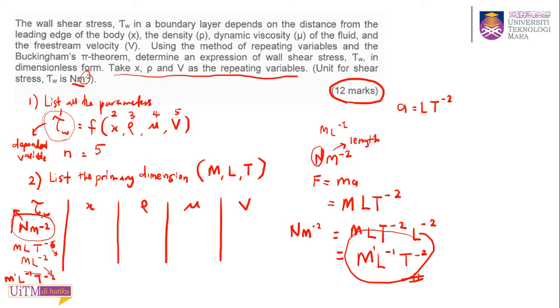How do you get the primary dimension? Okay, yes sir. How about the X? What's the primary dimension for X? The distance. X is L, just L1. Okay, it's easy. How about the rho, the density?